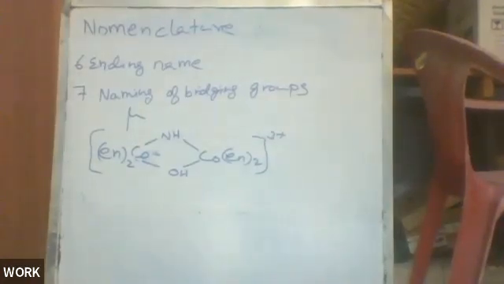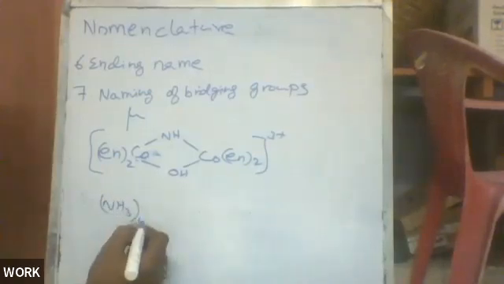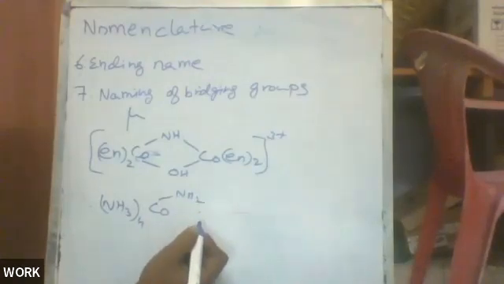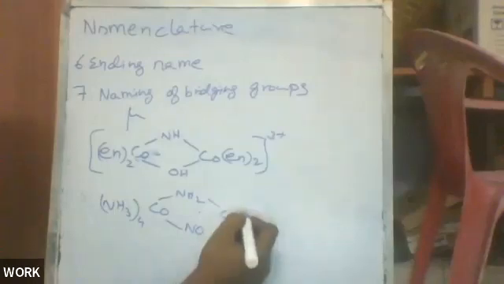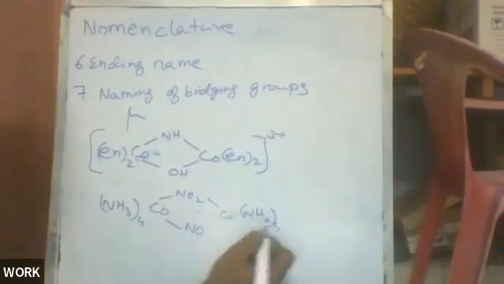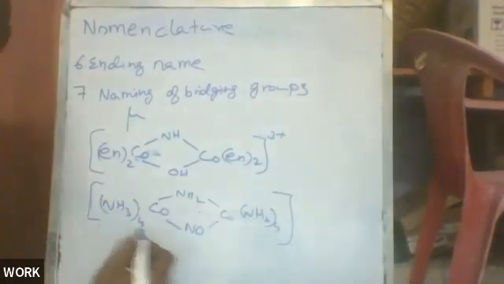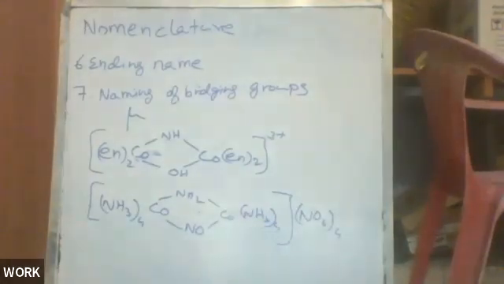Or otherwise, consider [(NH3)4Co(NH2)(NO2)Co(NH3)4] with NO3 4 times. Now you tell me how to say this.